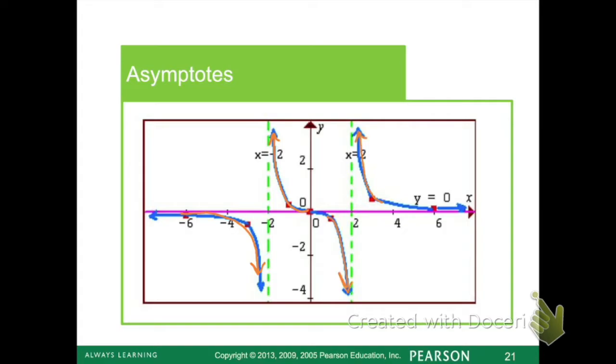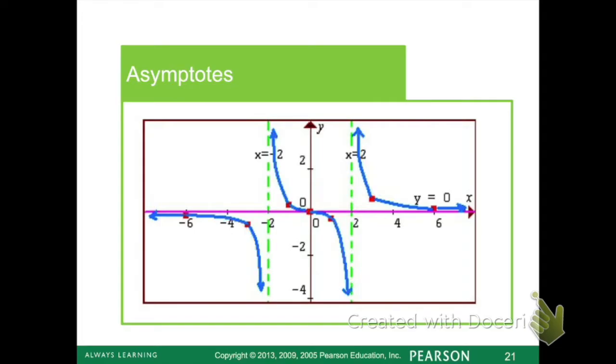Same thing around 2. So what happens at asymptotes is our graphs either shoot up to infinity or they shoot down to negative infinity, which is something we'll have to figure out as we're graphing. But it's just a line that my graph is going to get closer and closer to, but it's never going to touch it. It's never going to cross it.